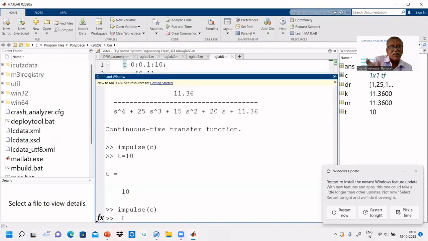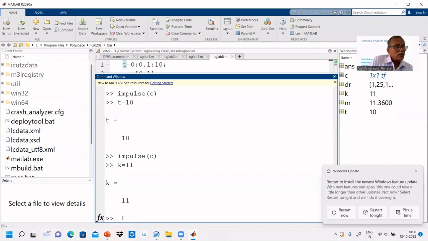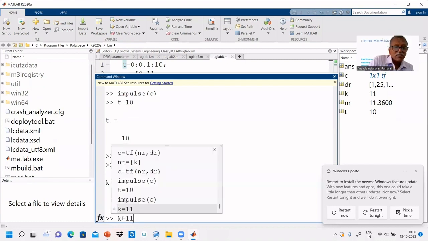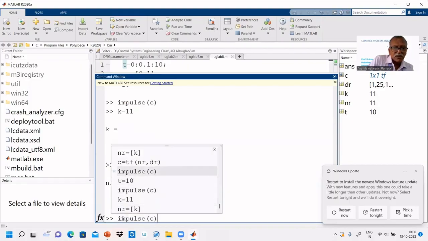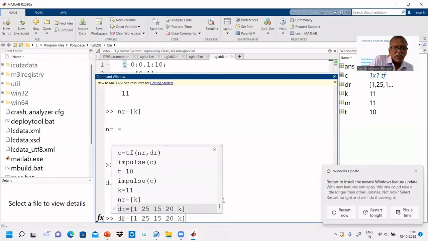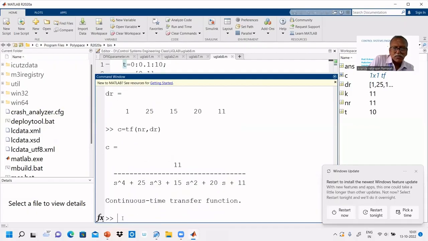Let us give k less than 11.36. What happens? Let us check. We have to run the numerator, and the denominator also. Now we have to find the transfer function.